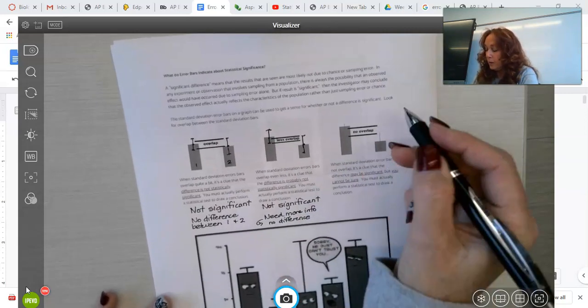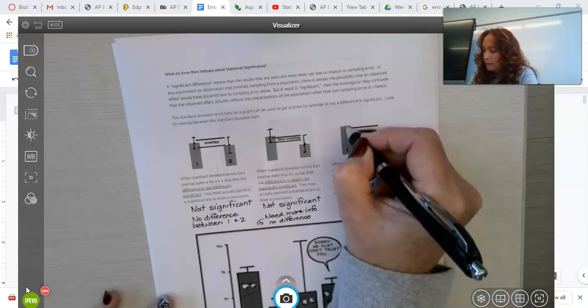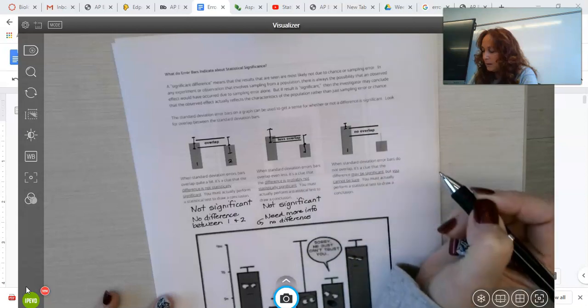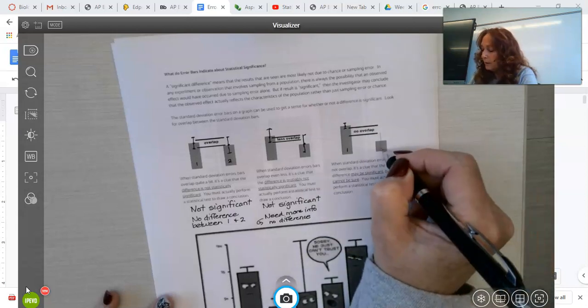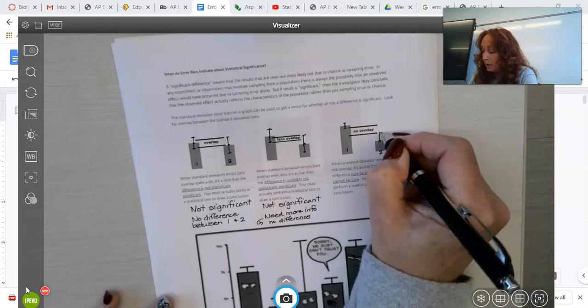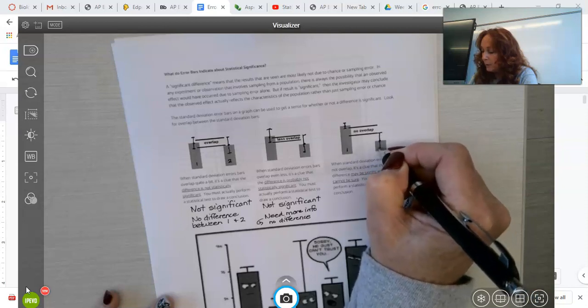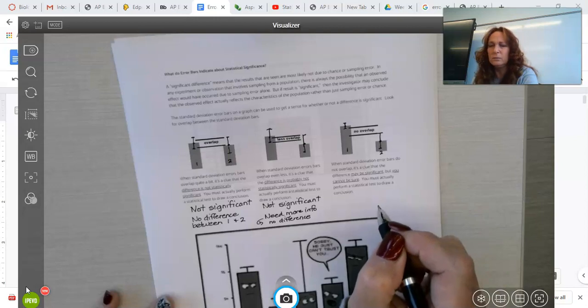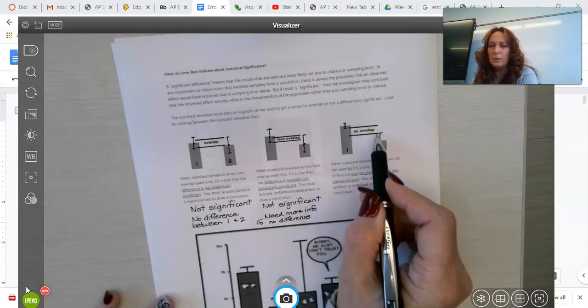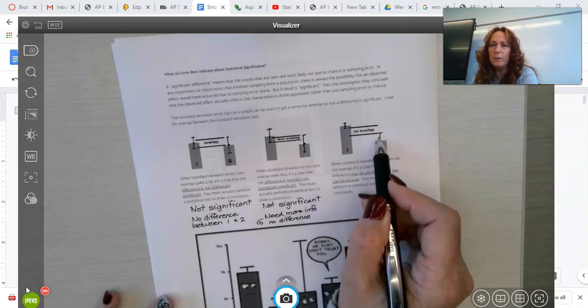What about this one? Hey, I'm group 1. Here's my mean. I belong in a group of means that range from here to here. I'm group 2. Here's my mean. I belong in a group of means, and they run from here to here. Oh, well, that's unfortunate. We're not in the same group, are we?